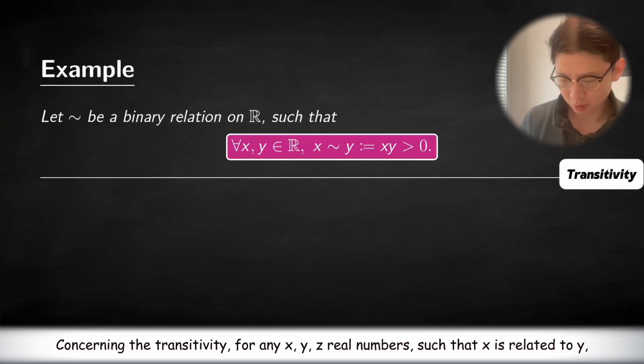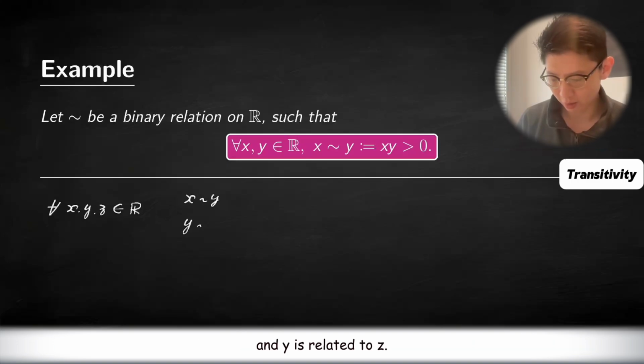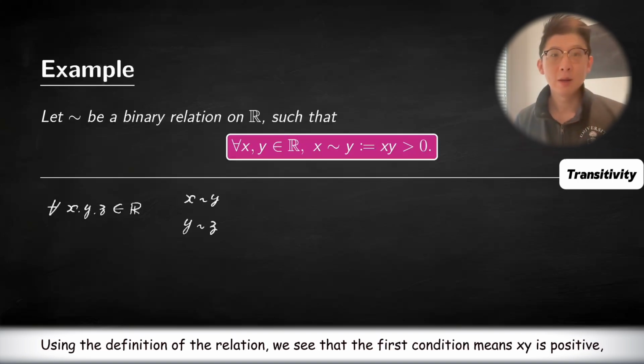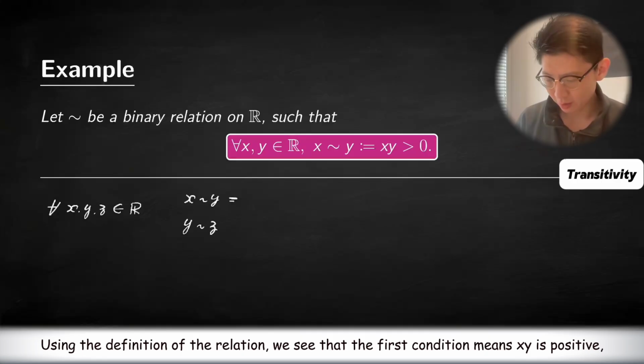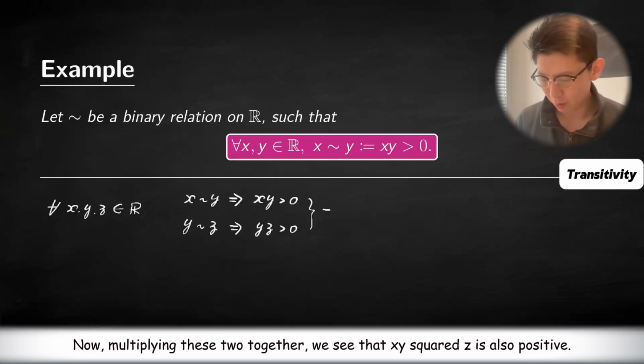Concerning the transitivity, for any real numbers X, Y, Z such that X is related to Y and Y is related to Z. Using the definition of the relation, we see that the first condition means XY is positive, and the second condition means YZ is positive. Now, multiplying these two together, we see that X Y squared Z is also positive.